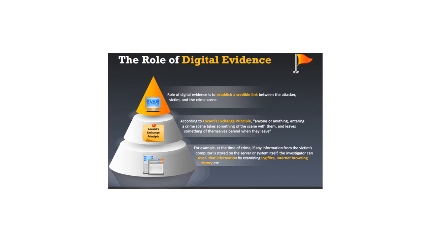That is very, very important because without establishing a credible link, it will be difficult to pinpoint a particular perpetrator to a crime scene or a particular victim to a crime scene. So, one of the roles of digital evidence is to establish a credible link between the attacker, the victim, and the crime scene.